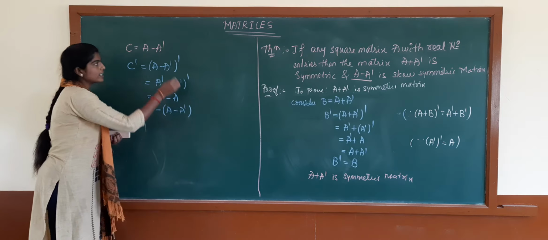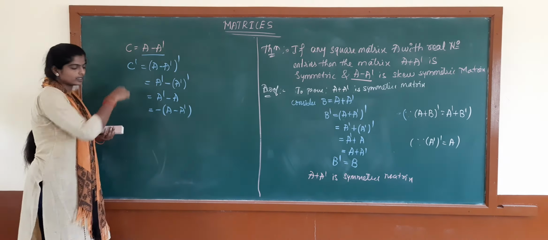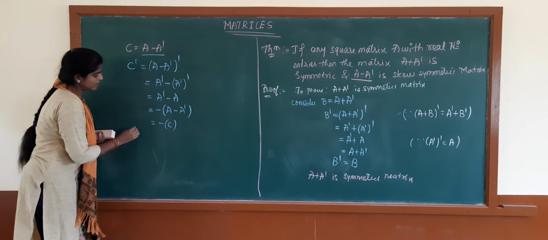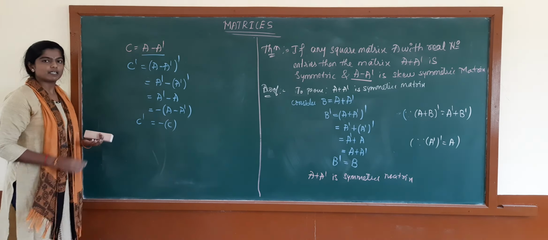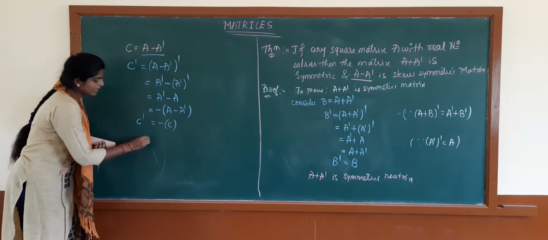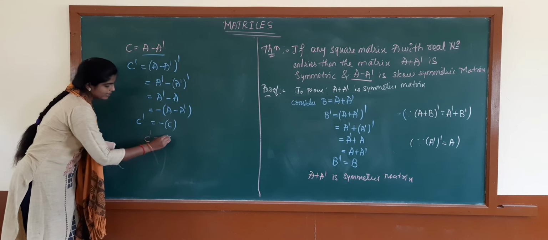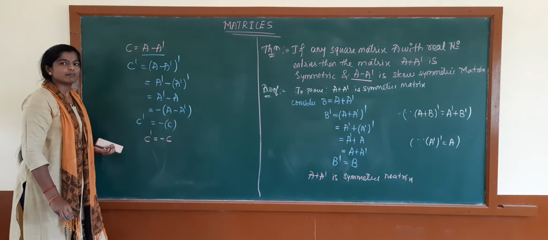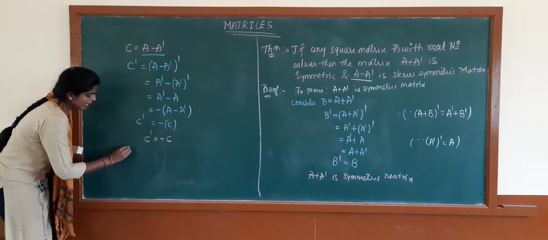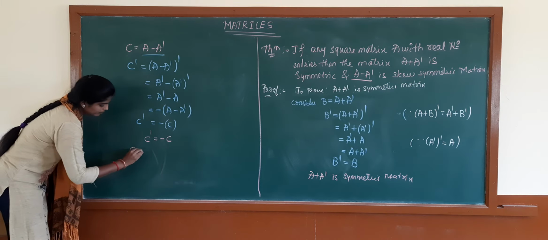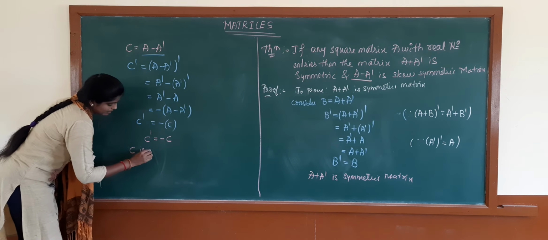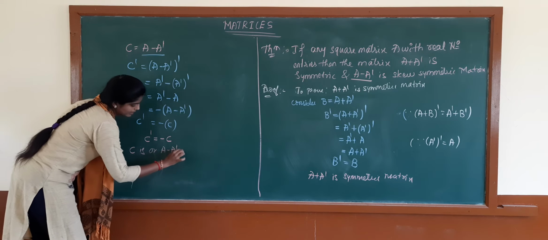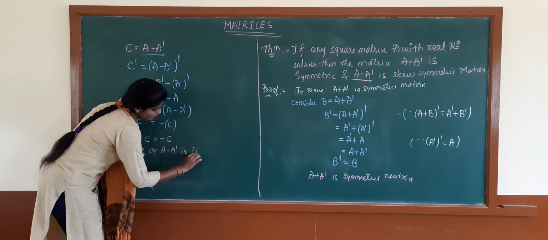A minus A transpose is nothing but C, so we have minus C. This part is C dash, so C dash equal to minus C, which is the definition of a skew symmetric matrix. So we conclude that A minus A dash is a skew symmetric matrix.